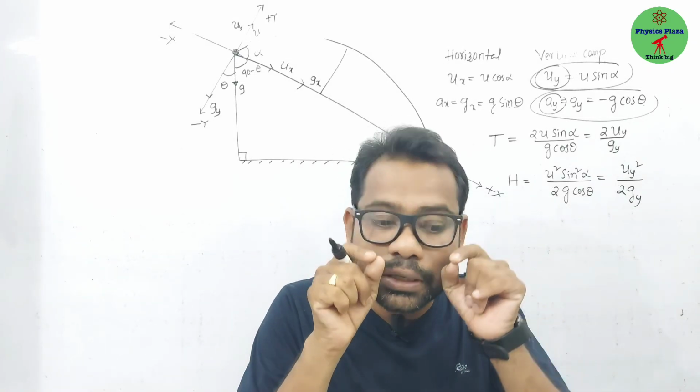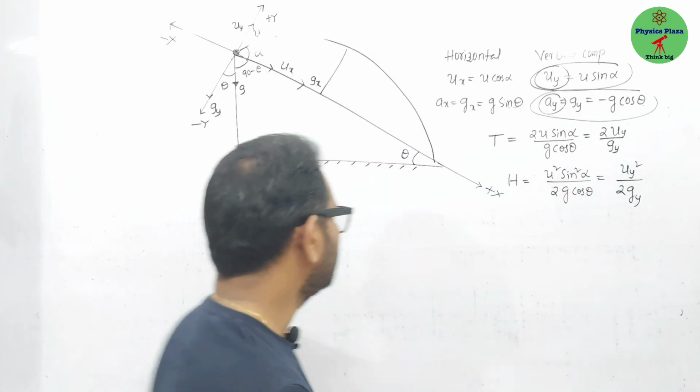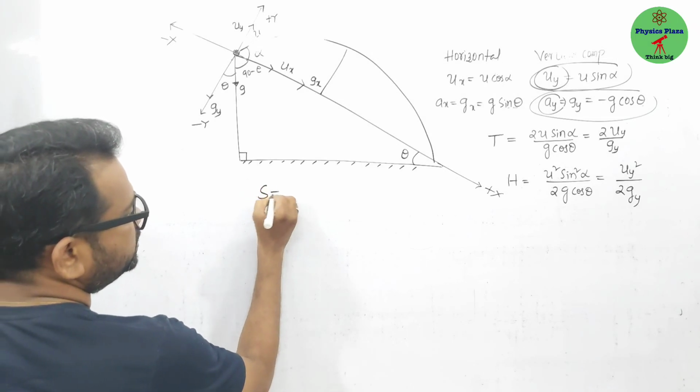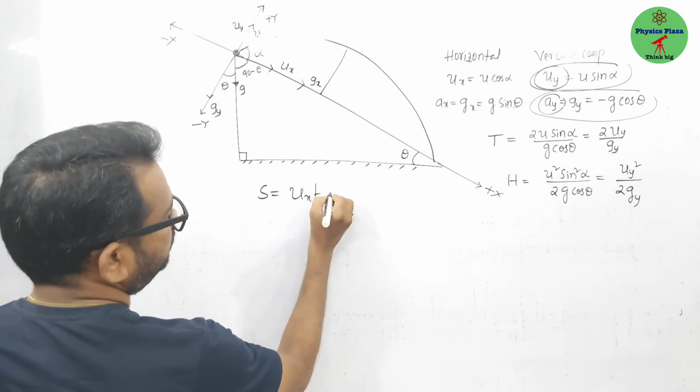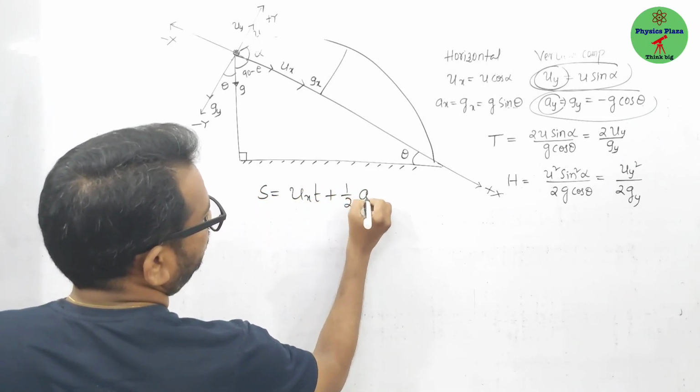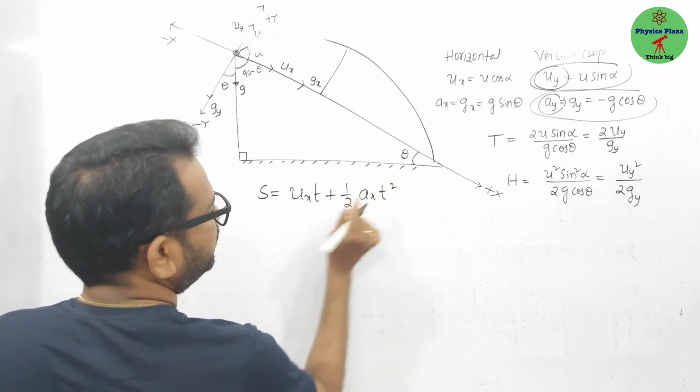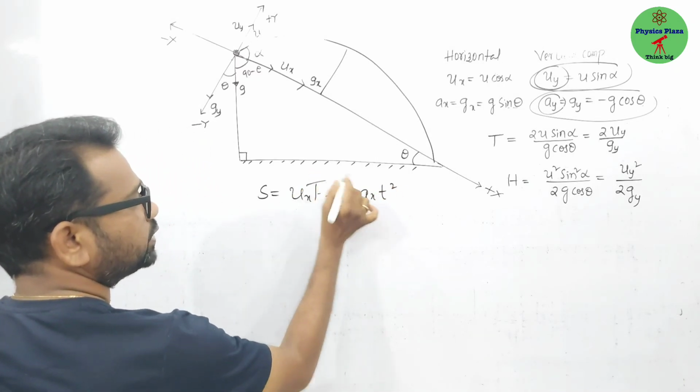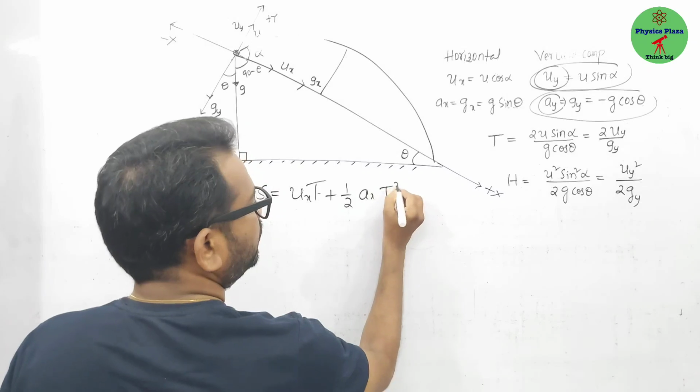Now let us derive the expression for the horizontal range. Children, we know that S is equal to ux t plus half ax t square. Here t is nothing but the time of flight, so let us take capital T. Now let us substitute.